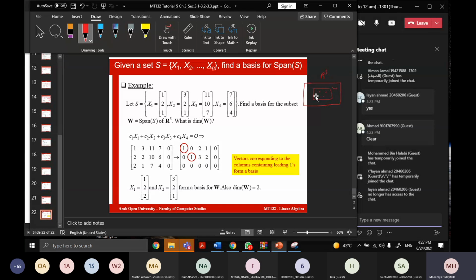First, they already span the space. But are they linearly independent? Not linearly independent. They are dependent. Why? Because for the bigger space R3 I need 3 linearly independent vectors. How come, for the smaller one, I need 4?